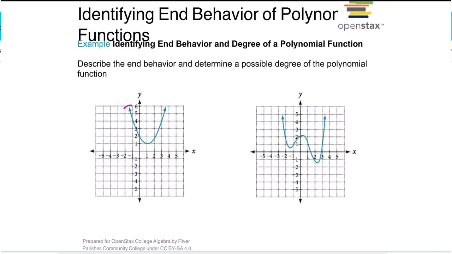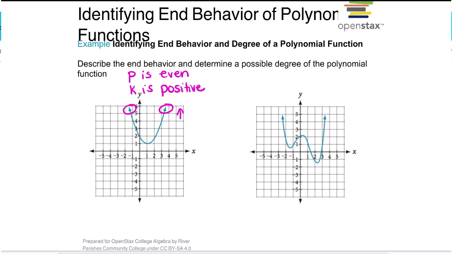They're in the same direction for this one, so we know that P is even. And because the right behavior is pointing up, we know that the K is positive.